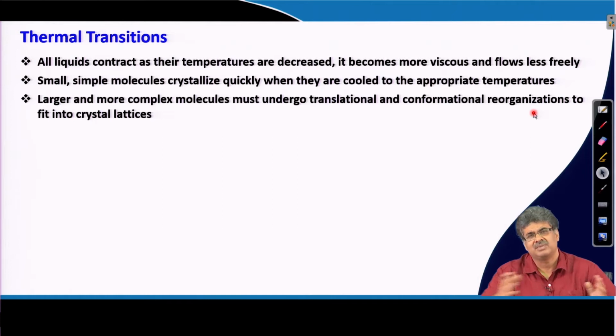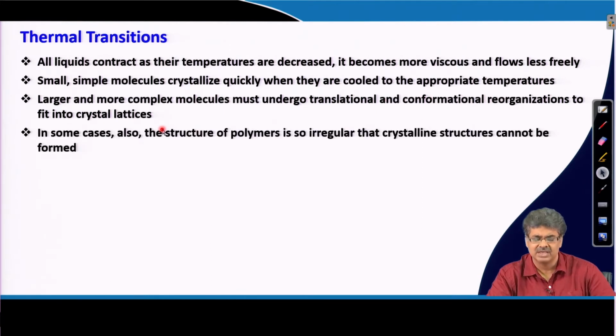Now, if the polymers are very large, then they are all entangled with each other in liquid state. So, when you decrease the temperature sufficiently, it is still not possible for the polymer molecules to undergo translational and conformational reorganization to fit into a crystal lattice. Also, if the structure of the polymer is so irregular, this crystalline structure cannot be formed.